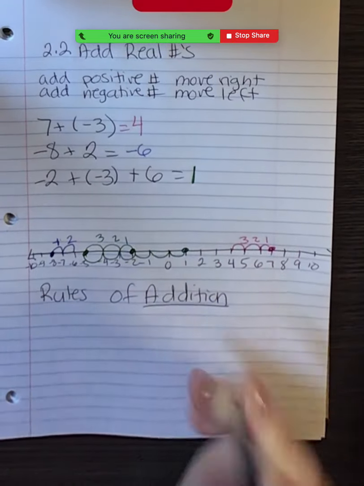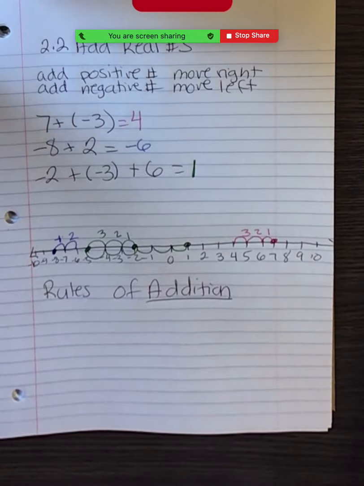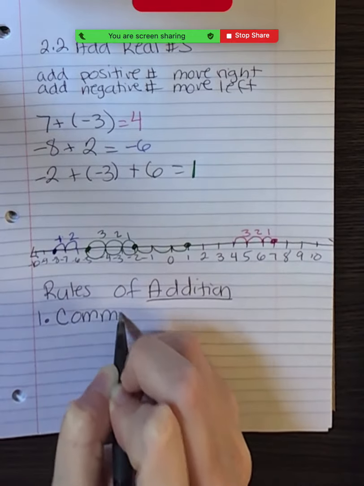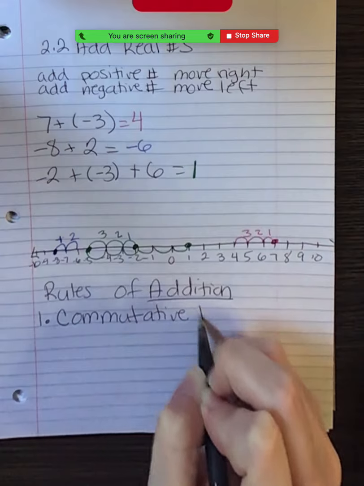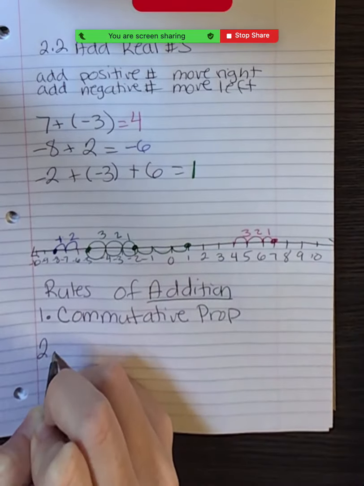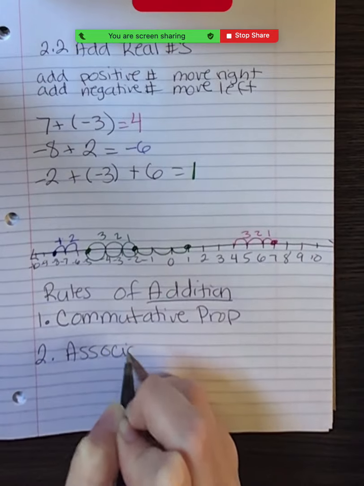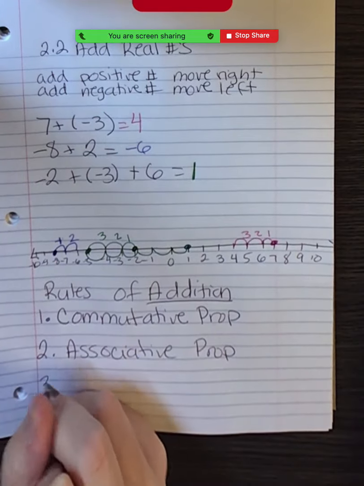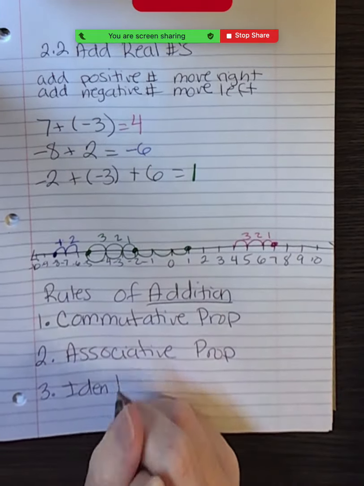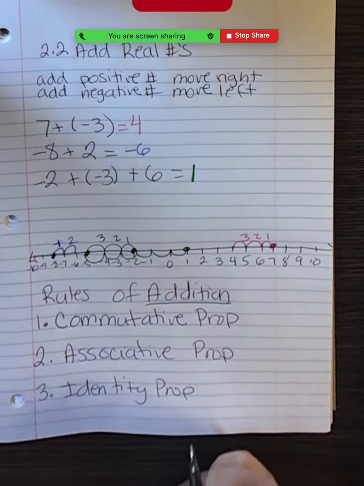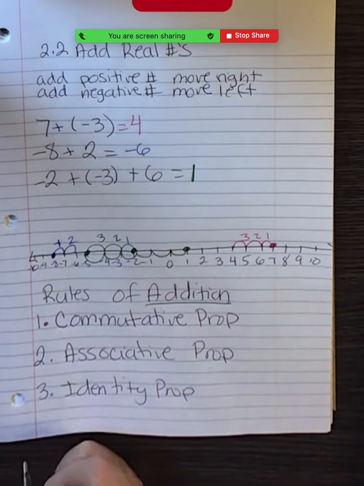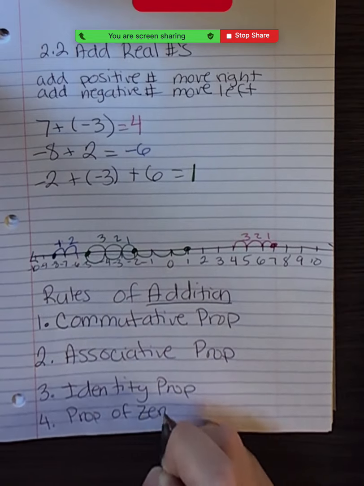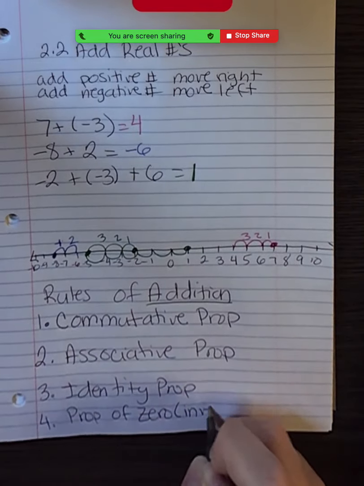These rules are the commutative property, then the associative property, the identity property, and the property of 0. Or sometimes that's called the inverse property.